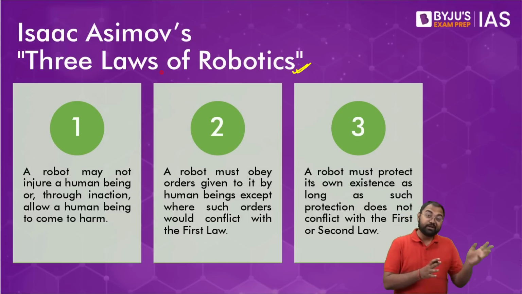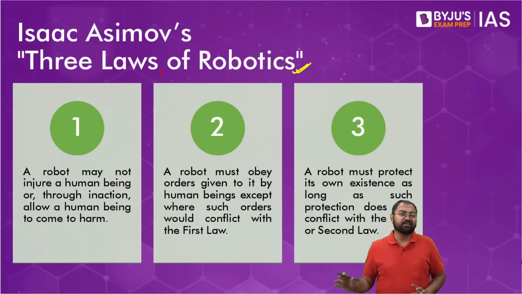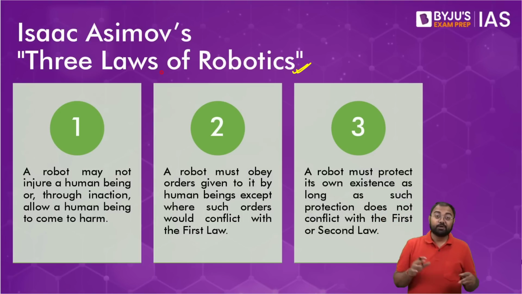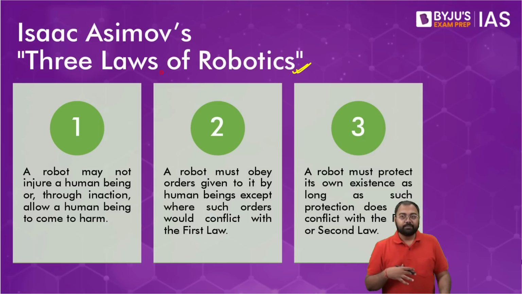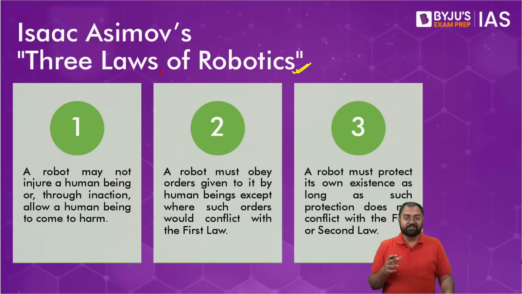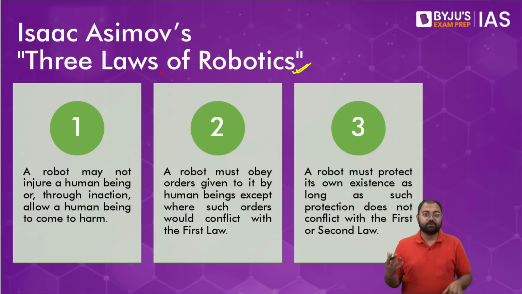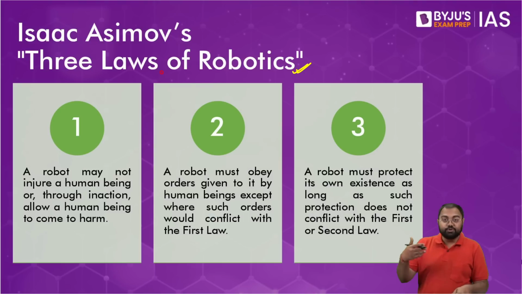He was more related to biochemistry, but he wrote a lot of science-based articles, and a lot of science fiction also. He gave these three laws of robotics, but more than laws, these are guidelines. These are not laws like laws of motion or laws of physics, but more of guidelines for the industries which are going to use robots.